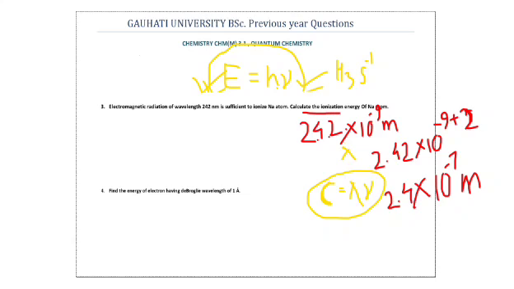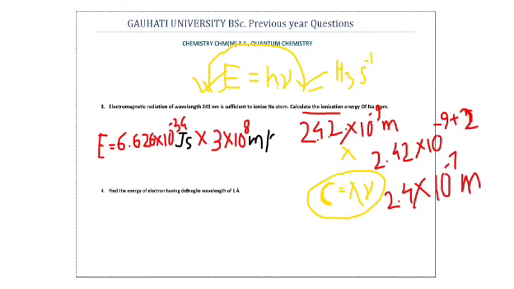Simply we will put E is equal to 6.626 into 10 raised to the power minus 34 joule second, into 3 into 10 to the power 8 meter per second, because this is the velocity of light, and this is divided by lambda. Lambda is simply the wavelength.